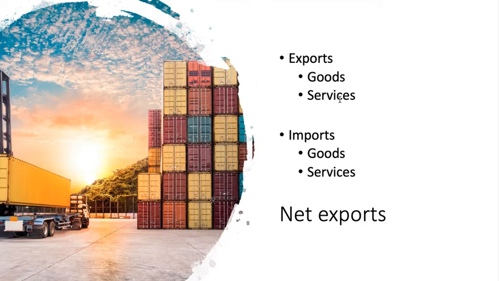And then the final category is what we refer to as net exports. The international sector is a very important part of overall economic activity, and every country participates in it either by exporting or importing both goods and services. So in the United States, we export goods, so we manufacture cars, we manufacture pharmaceuticals, we ship those overseas.